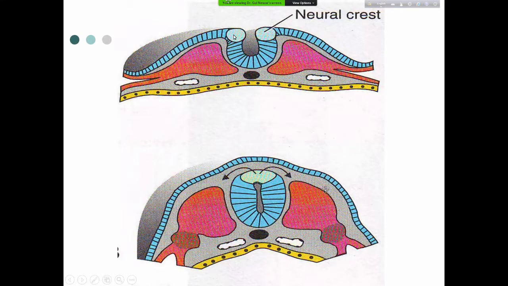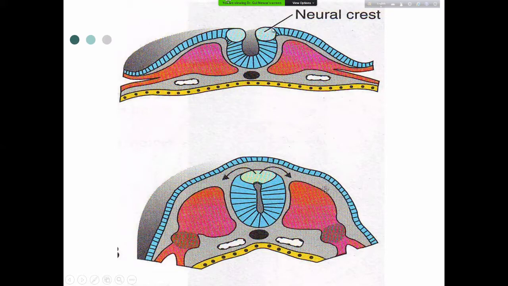As they come close together, some of the cells here in the crest of the neural tube, the peak of the neural tube, these epithelial cells, that is the ectodermal cells, differentiate themselves. They lose their epithelial affinity and they detach from here.